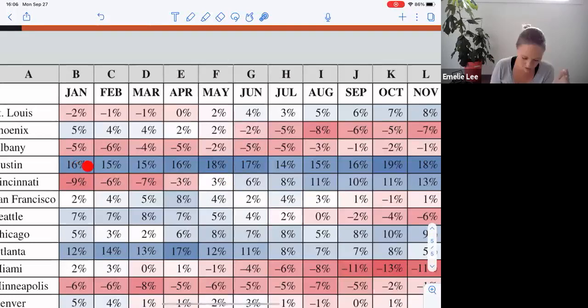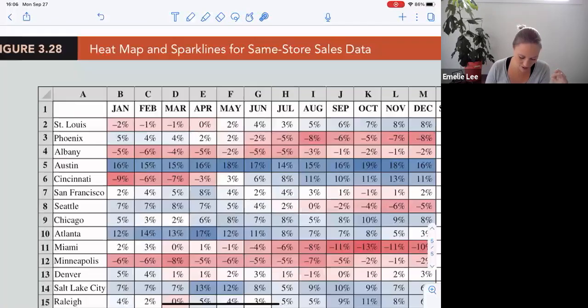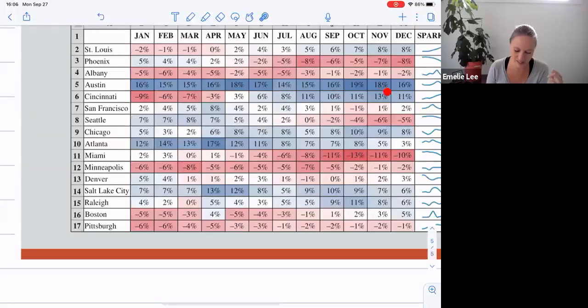And then if you see a line where it's dark blue all the way across, then we get excited about that, because that's probably what we want. We want all of these to be blue ideally, but they're not.